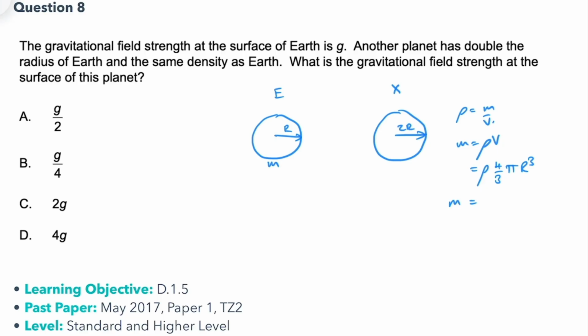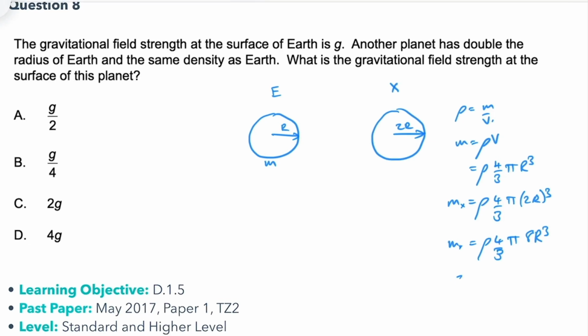So the mass of this planet X is equal to density times 4 over 3 pi (2r) cubed, which gives us density times 4 over 3 pi 8r cubed. So the mass of X is actually 8 times the mass of the Earth. So it's 8M.